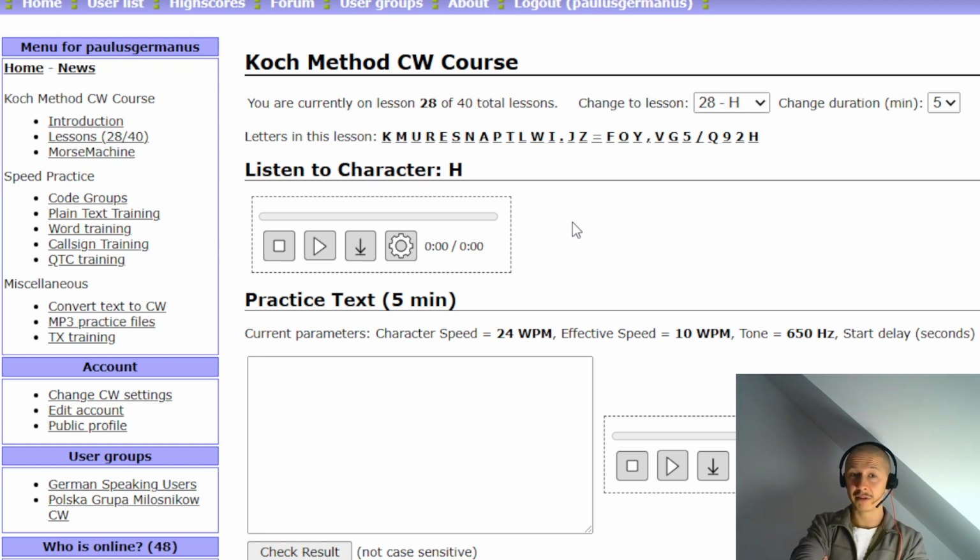Then came 5, which is like E dit, right? Then I did, then S did, then 5 did. And then lesson 28 introduced the letter H being dit, no, did, right? That's it. 4 dits. And it sort of fits nicely right between S and 5.